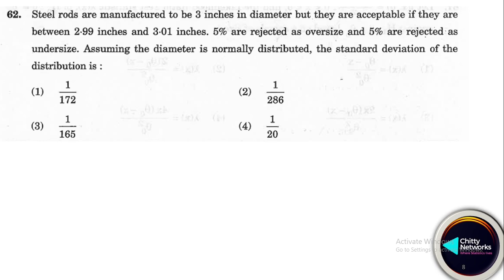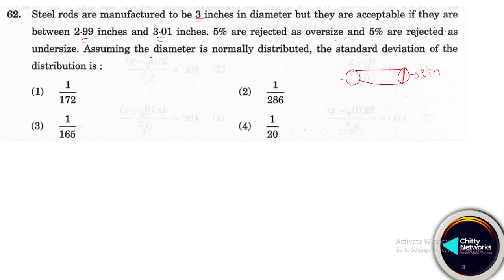Here it is given that steel rods are manufactured to be 3 inches in diameter. The target diameter is 3 inches, but they are acceptable if they are between 2.99 inches and 3.01 inches.